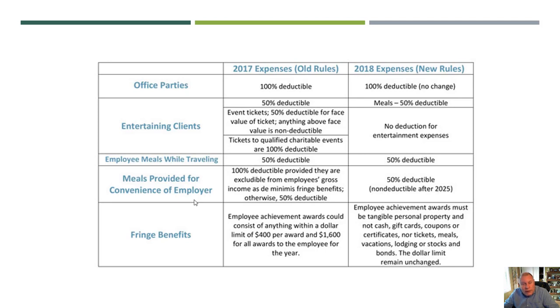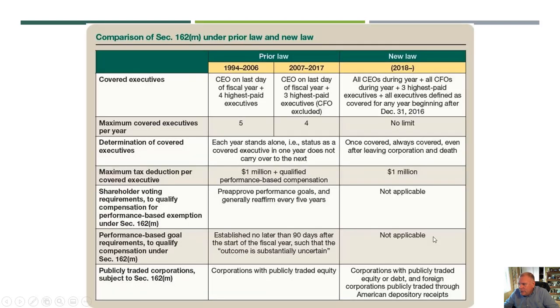You're going to work late. Previously 100% deductible, assuming they're not included in your gross income. Now it's only going to be 50% deductible for the company. So the company is going to have to pay a tax on that. At this point, everything is taxed.